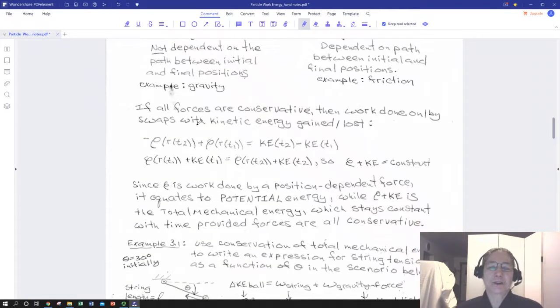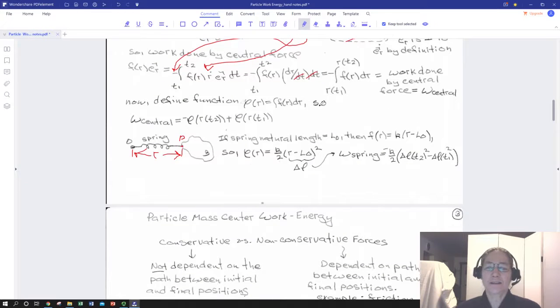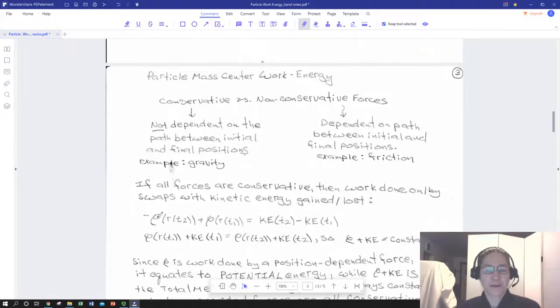So in so doing, we can drop back. Let's make that link to work done to potential energy change. If we go back to that little Greek squiggle, which was the integral of our central force from one time to another, that's a position-dependent force, as is a linear force like gravity.